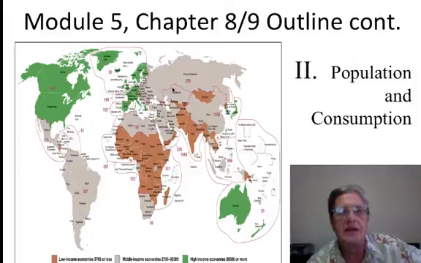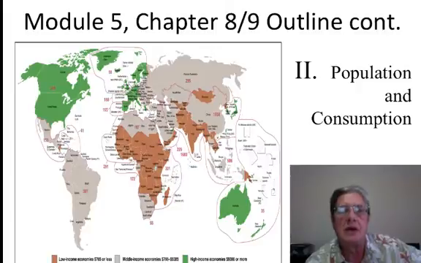But to give you an idea of the differences in wealth between the haves and the have-nots, the affluent countries make up only about 15% of the world's population, yet they control 80% of the world's wealth, whereas the poorest countries represent about 39% of the world's population, but only contain 3% of the world's wealth.